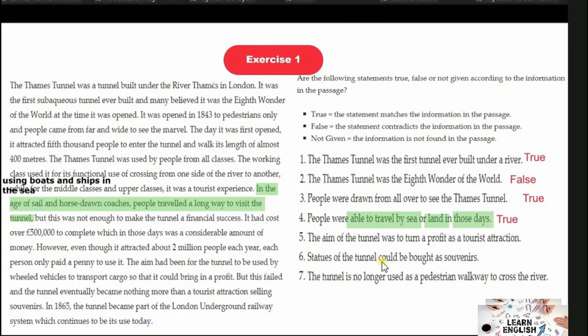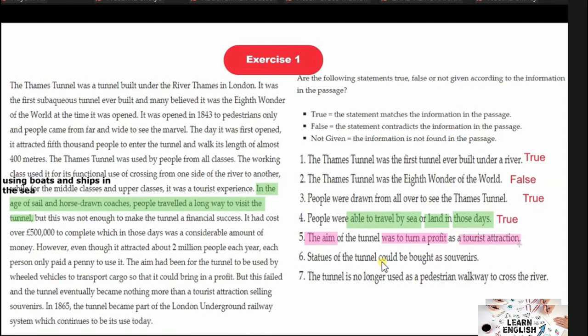Question number 5 says what? The aim. Aim means what? The aim means the goal. Very good. Was to turn profit. Turn profit means what? To gain money, to make money. Very good.